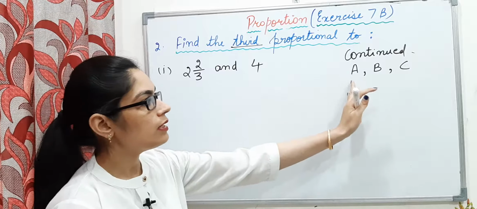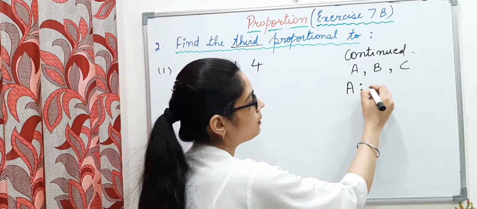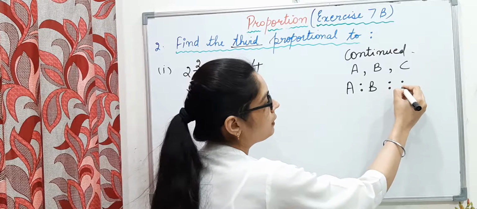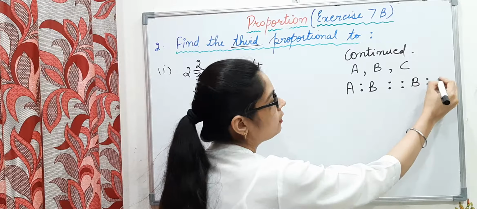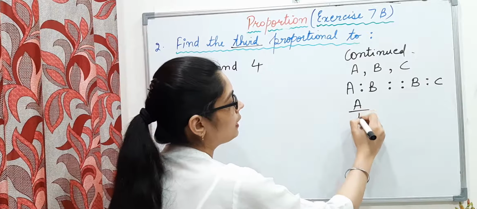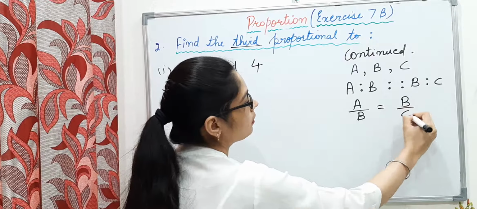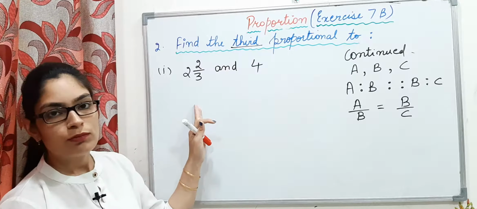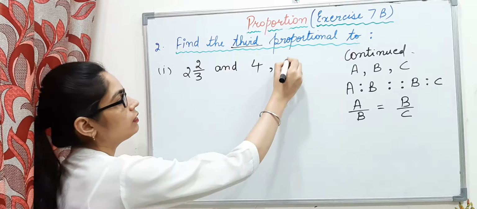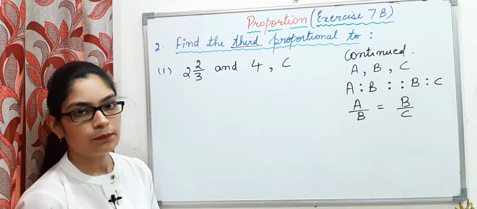So here only 3 quantities A, B and C, and A is to B will be equal to B is to C in continued proportion. Or if I write it in fraction form, A by B is equal to B by C. So we have to find C. The third proportional in continued proportion is C.